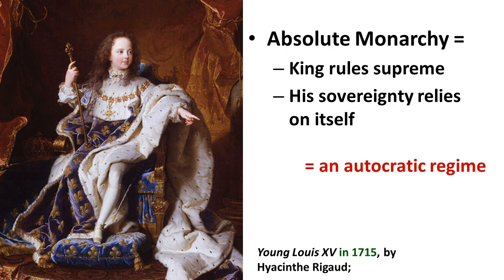But maybe nowhere else than in France at that moment did the power of the king grow so high. Because indeed the French model left a very large authority to the king. And this had many impacts on the country's political history, I believe even until today.